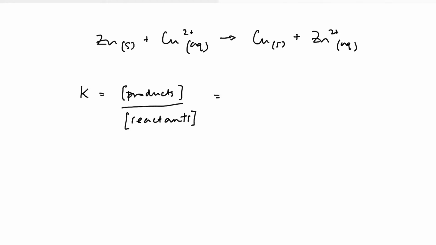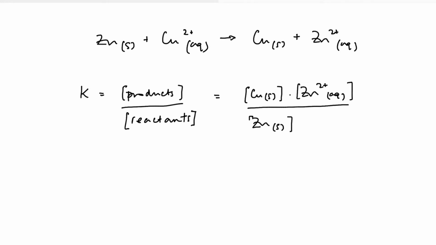So in this case, that would be copper and the zinc ions over the reactants, zinc and the copper ions, although of course the concentration of solids is unchanging, it's constant, so we can remove that from the equation.